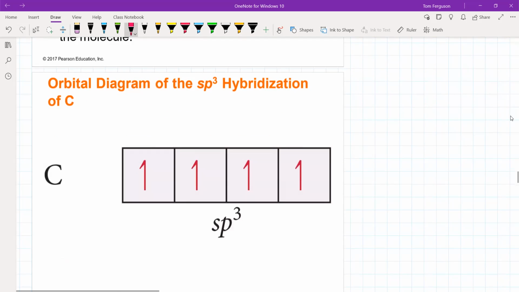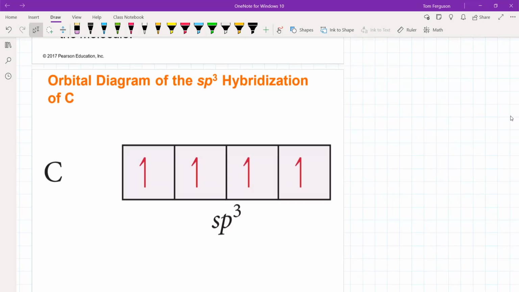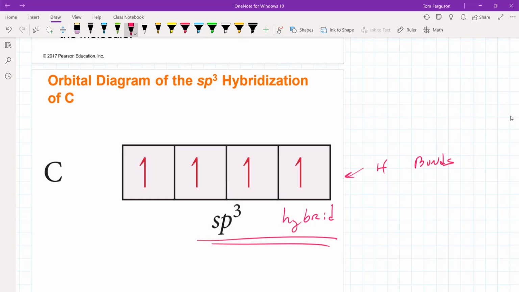Okay. So this would be the sp3 hybrid. And that's how we end up with a more stable carbon. And secondly, we can predict the shape of the carbon in sp3 hybridization because it takes 4 bonds.